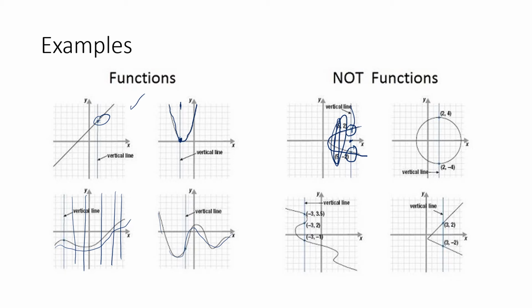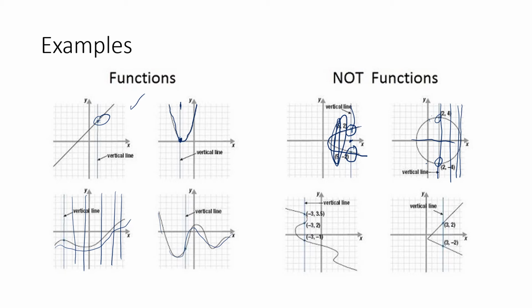Here at the circle, we're always going to pass through the line twice. No matter where we draw this vertical line, we're going to pass through it. Well, here we wouldn't, but again, our test is anywhere on the graph. If our vertical line passes through the relation twice at any point along that line, it's not going to work.